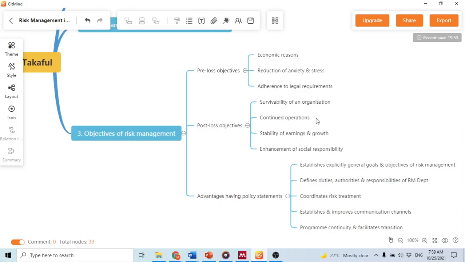So institutions which are very important and have a direct relationship with the public and the community have to keep in operation. Although they face loss or any problems in their organization, they have to ensure that they can continue the operations.